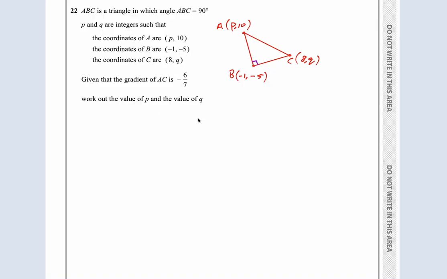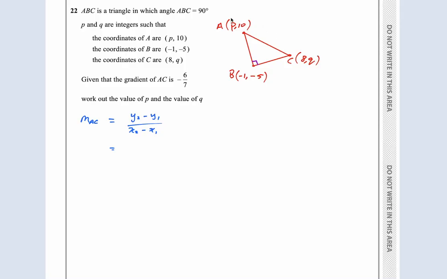So we've two unknowns, and generally, though this isn't always true, if I need to find two unknowns, I need two equations. For the first equation, I will use the information that the gradient of AC is -6/7. So the gradient of AC equals y2 minus y1 over x2 minus x1, that's the gradient formula.